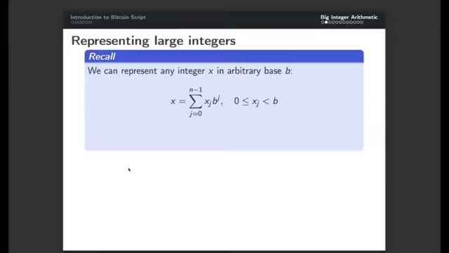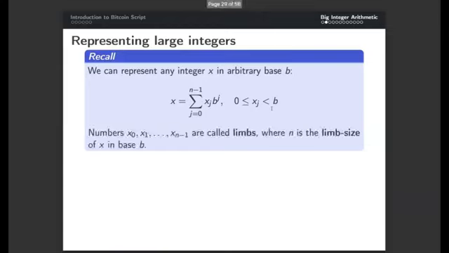So first of all, we need to determine how to even represent integers in Bitcoin script. Recall that an integer can be expressed uniquely in arbitrary base b. So this is going to be a sum in this form. We will call each x_i, which are restricted from 0 to b, limbs.